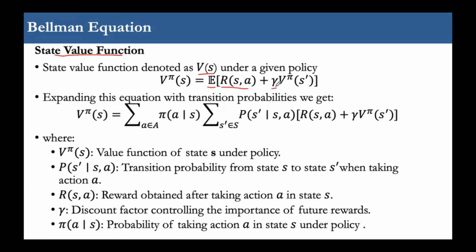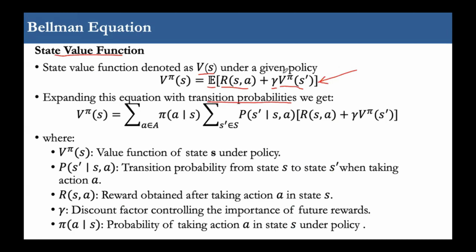Then gamma, which is the discount factor. Then V pi of S dash, that is with the previous iteration. Then we can expand this equation with transition probabilities. In this equation, we are not using any transition probability.